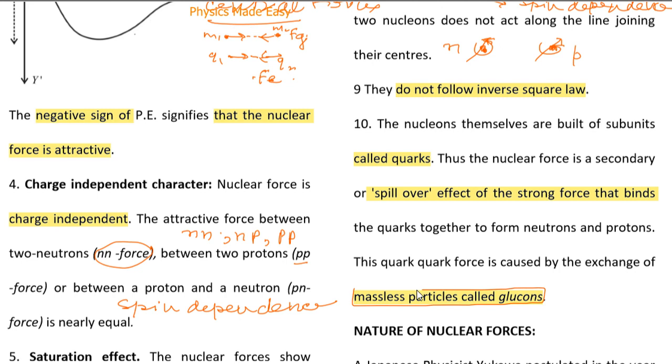Neutrons and protons are not the fundamental particles, they are made up of some subunits. Those subunits are bound by a force which is even greater than the nuclear force. And the particle exchanged in those forces is called gluon. With these words, I finish this session of the lecture.